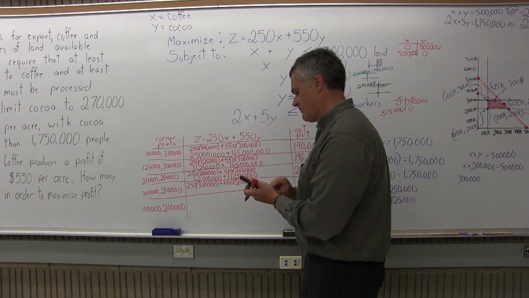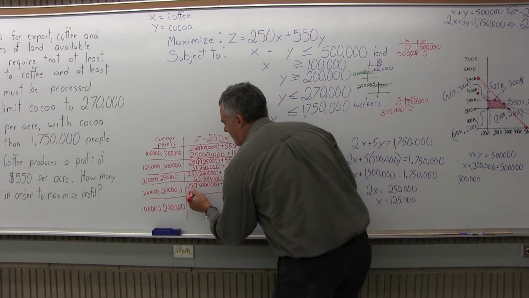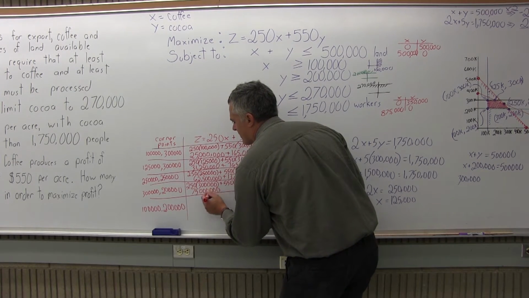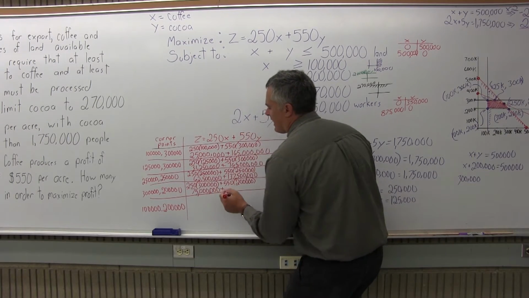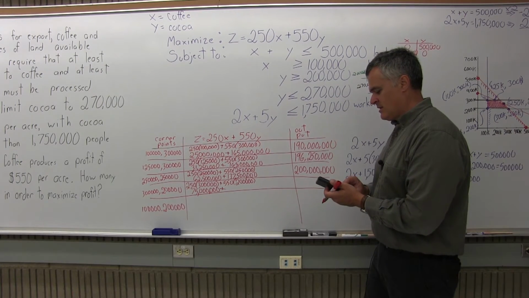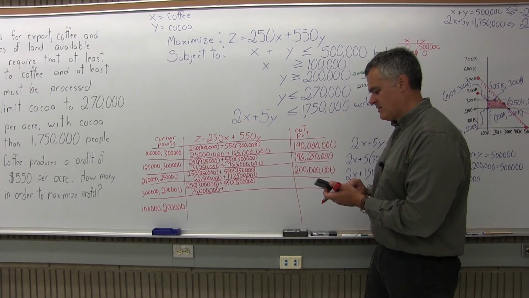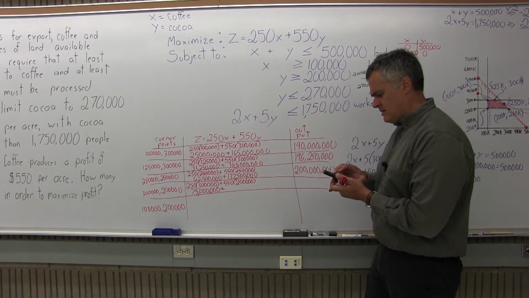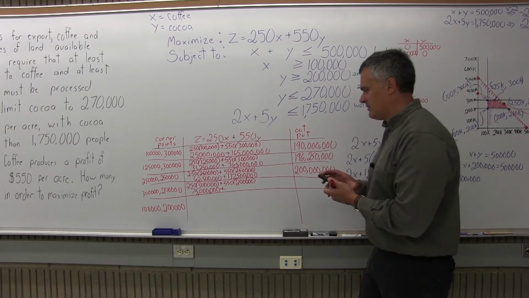It is 75 million. And then 550 times 200,000 is 110 million.